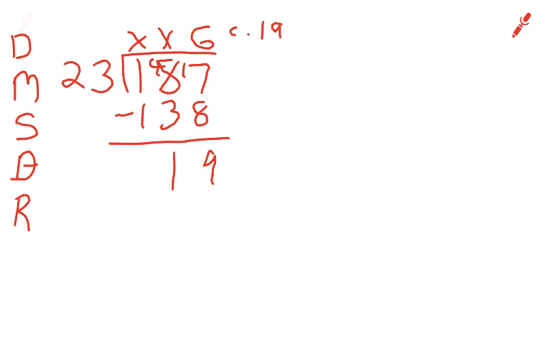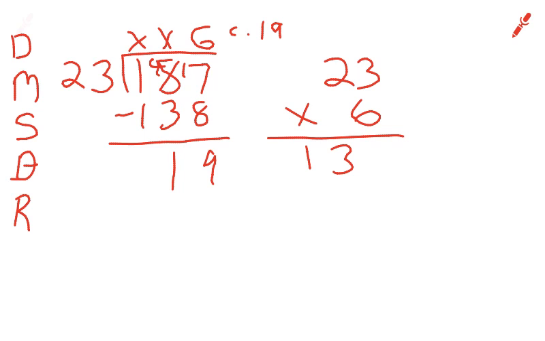The directions told us to divide and check. So to check it, we need to multiply that number times that number. 23 times 6. When I do 23 times 6, I get 138.